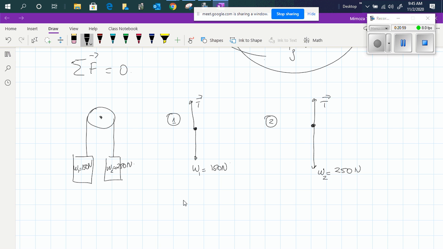Notice here that the tension is not T1 and T2 because we have one string going around the pulley, and this will make the tension equal on each section of the string.